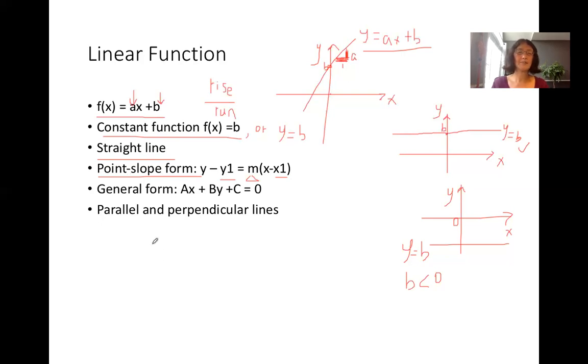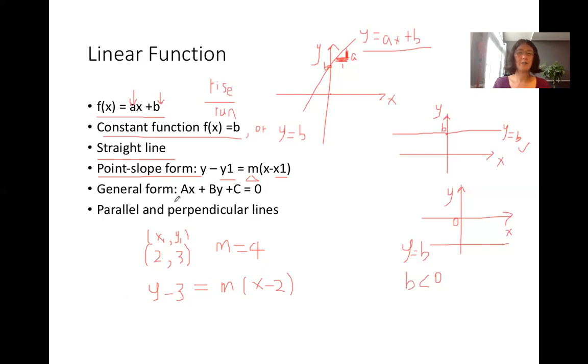For example, if you know a point (2, 3), so x1 equals 2, y1 equals 3, and the slope m equals 4, the equation is y minus y1, y1 is 3, equals m, the slope, multiplied by x minus x1, x1 is 2. So this is the equation in point-slope form.